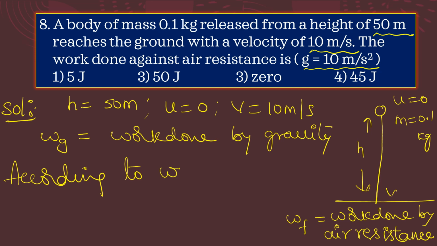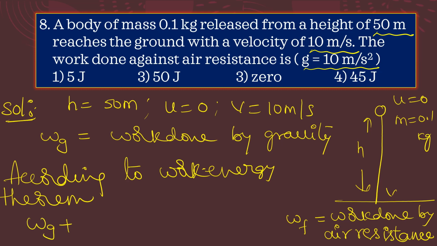Now, according to the work energy theorem, Wg plus Wf is equal to final kinetic energy minus initial kinetic energy. So work done by gravity is nothing but mgh.